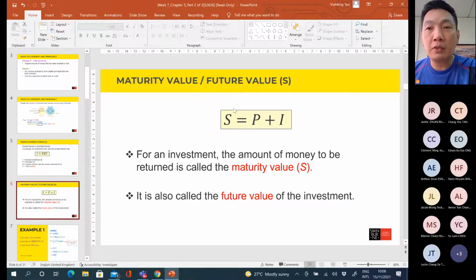The future value has to be paid by the borrower at the end of the borrowing period. It is also called the accumulated amount. Sometimes it is also called the return, total return, or accumulated amount.